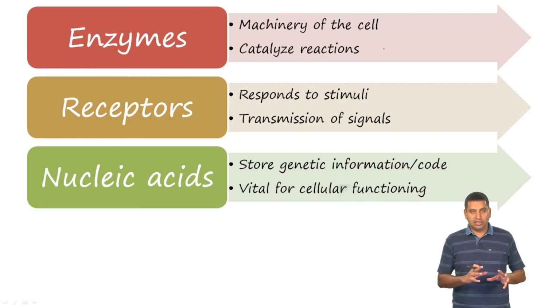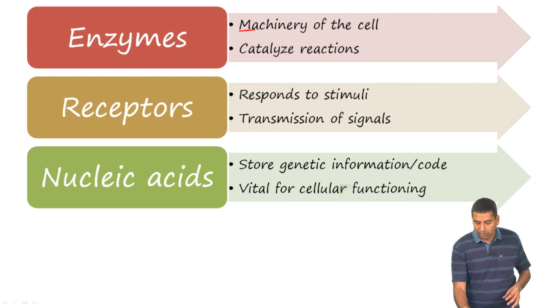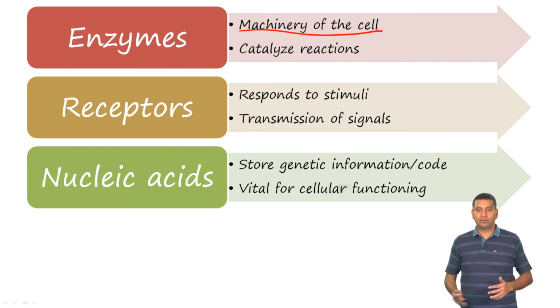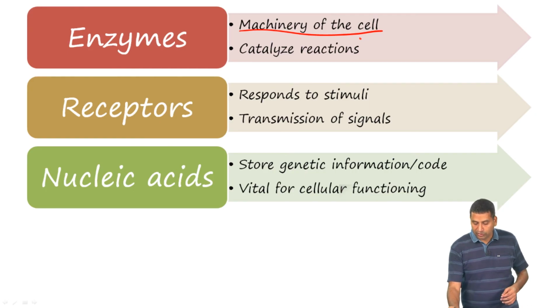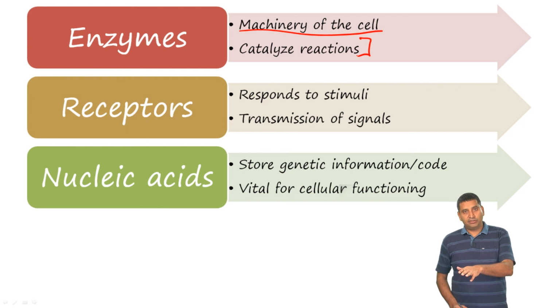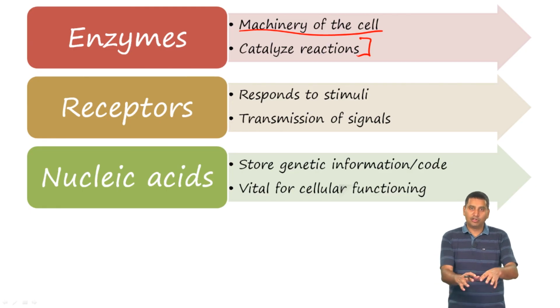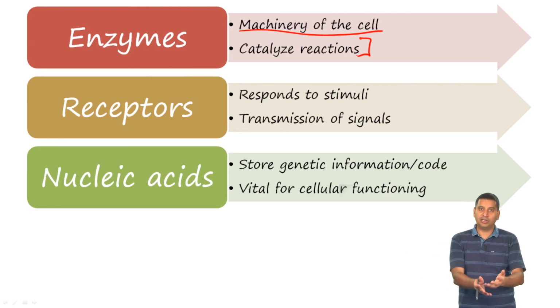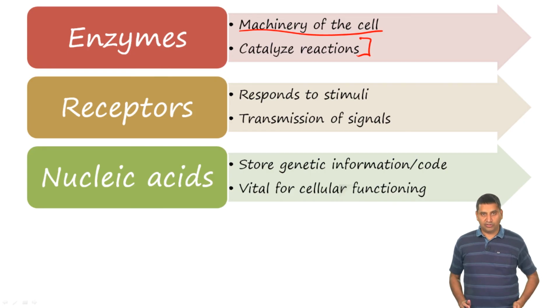One is enzymes, which are used to turn over a number of substrates inside the cell, metabolism for example, and they also catalyze reactions. Not all proteins are enzymes, and not all enzymes are proteins. There are RNA based enzymes for example, but for the purposes of this discussion we shall assume that a large number of enzymes are proteins.